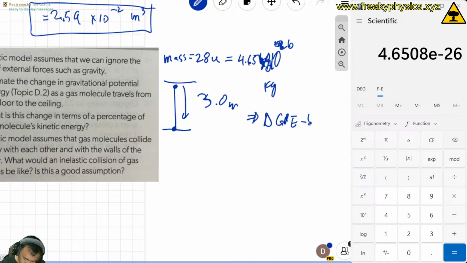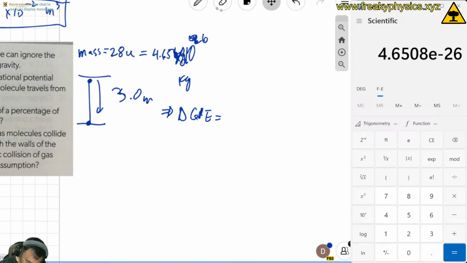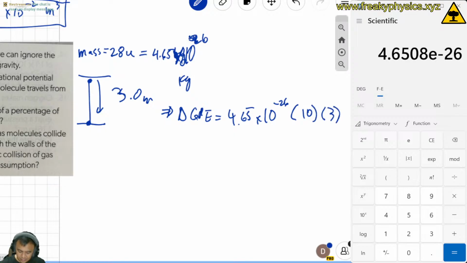That's just equal to, sorry, not 1/2, just the mass, 4.65 times 10 to the minus 26, times, let's just estimate, 10, and then times the 3. We just use the same formula.